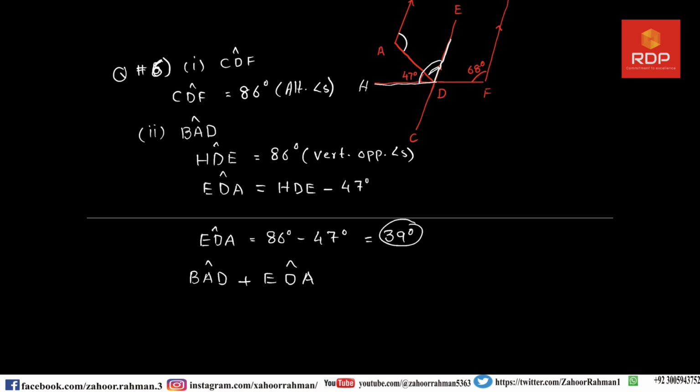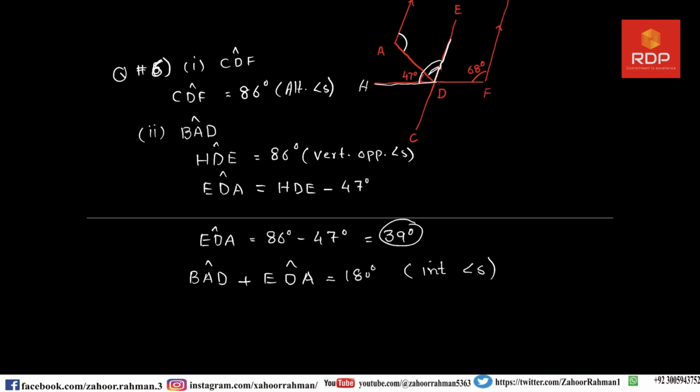We found it, and because those are parallel lines, so we are fine due to the interior angles, and the sum will be equal to 180 degree, and we are finding interior angle because AB is parallel to CE.